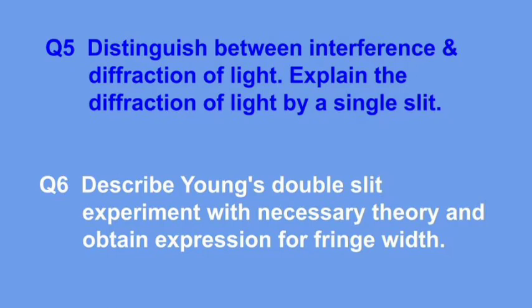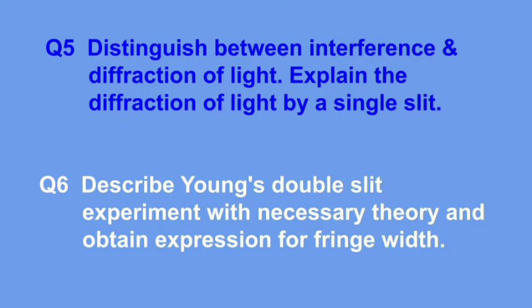Next question is from interference. So, question number 6. Describe Young's double slit experiment with necessary theory and obtain expression for fringe width. For describing Young's double slit experiment, you have to draw a diagram of the experimental setup, that is, experimental arrangement, showing superposition of two secondary waves originating from the two slits and formation of bright and dark fringes on the screen.